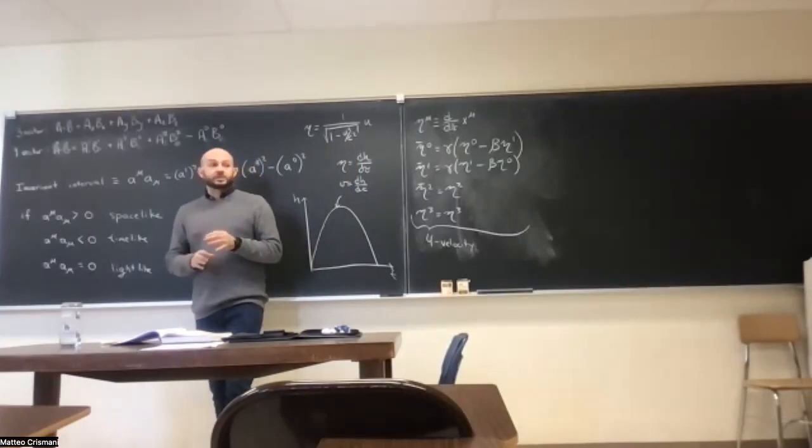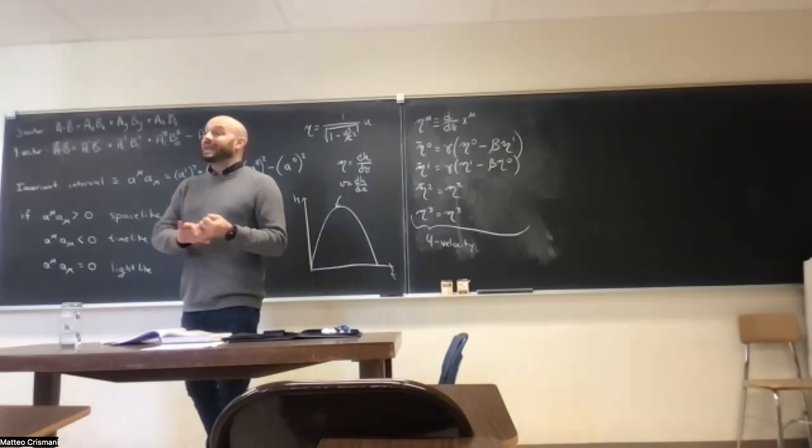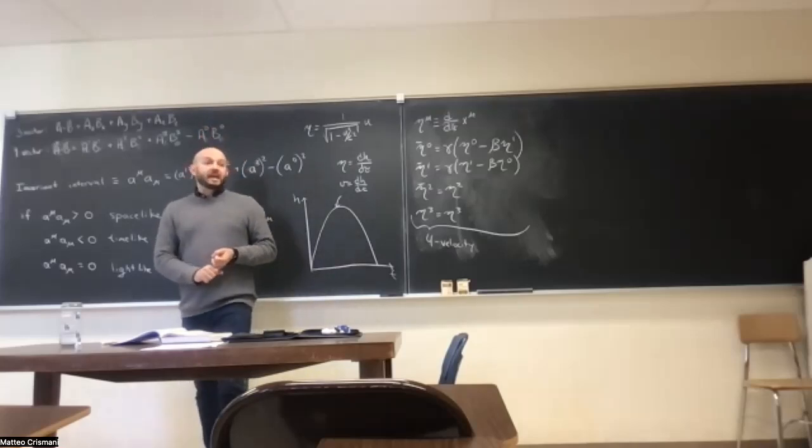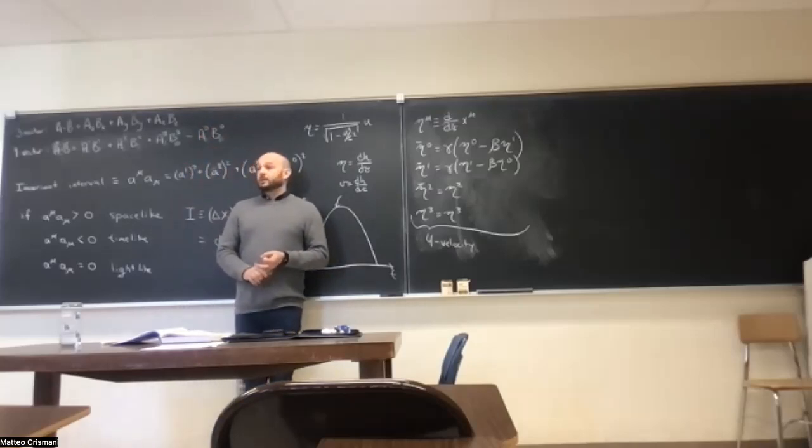So I need to first describe things like momentum and energy. And then I can describe things that we care about, like force, which is the rate of change of momentum, and the work, how things are done by relativistic particles.